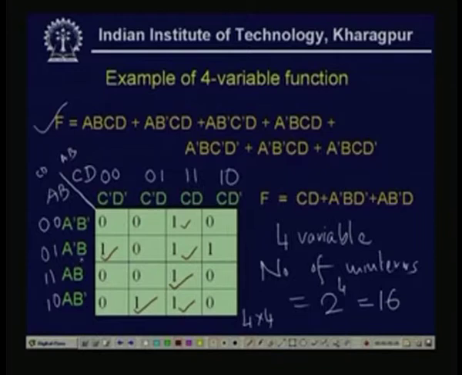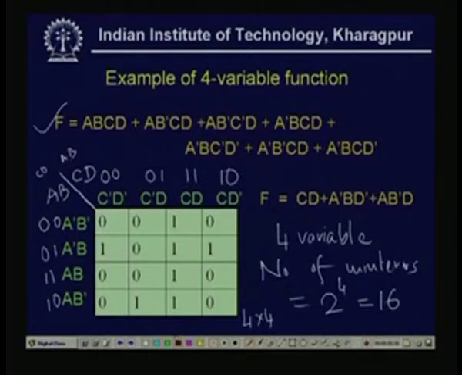So, a dash b is my 2nd row and c d dash is the 4th column. So, all the min terms are included. Now, we try to find out the couple or the quad.